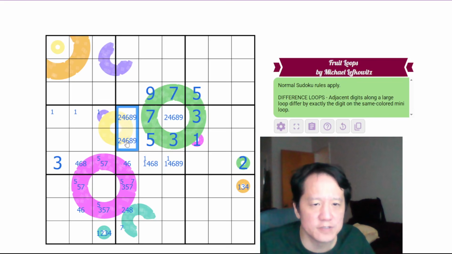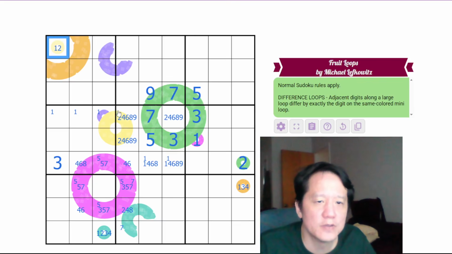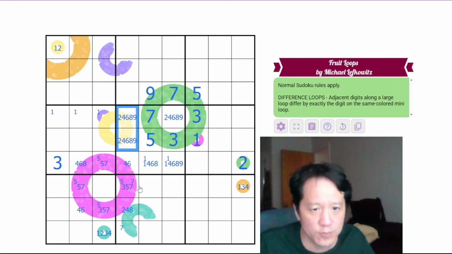What can the differences here be? They could be 1. They could be 2. They cannot be 3 because of 3 in the column. They could be 4 if this is 4 and 8. Does that work, though? If this is 4 and 8, it could be 2 and 6, but okay, if it's 4 and 8 here, that forces this to be 6 and this to be 2, but that's not going to be one apart from each other.